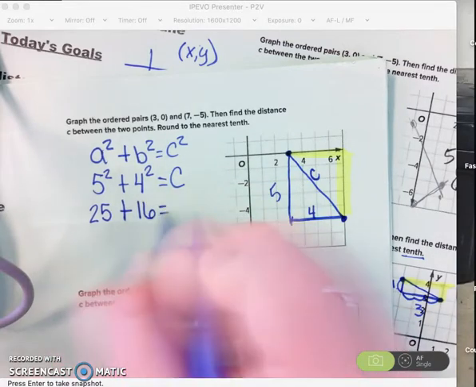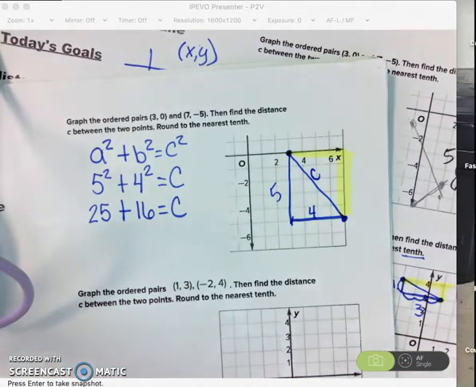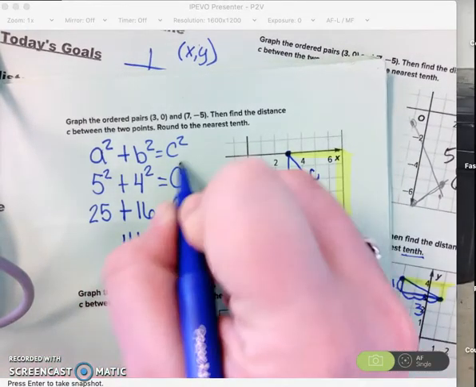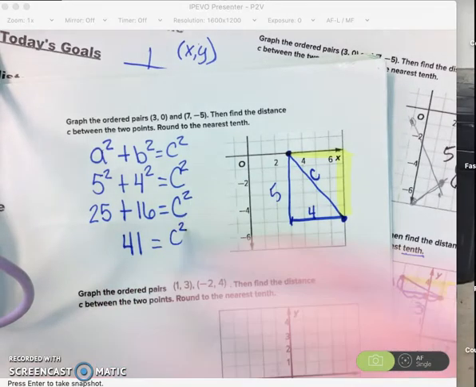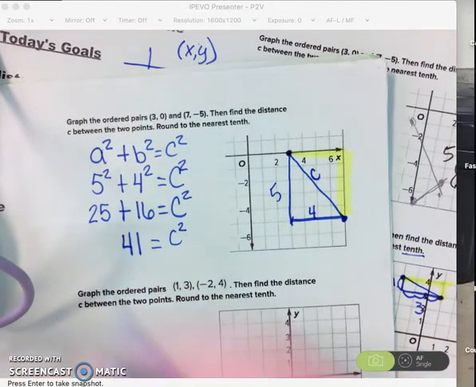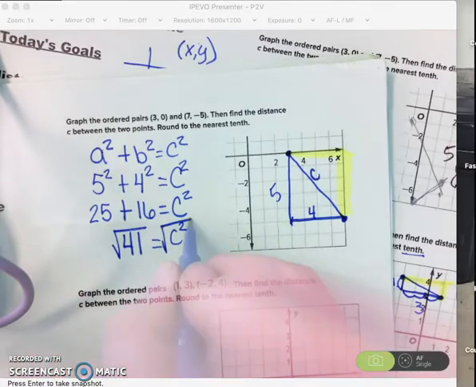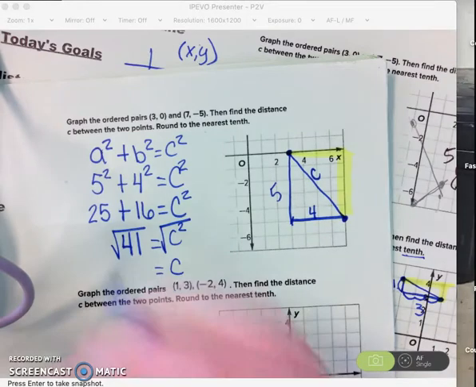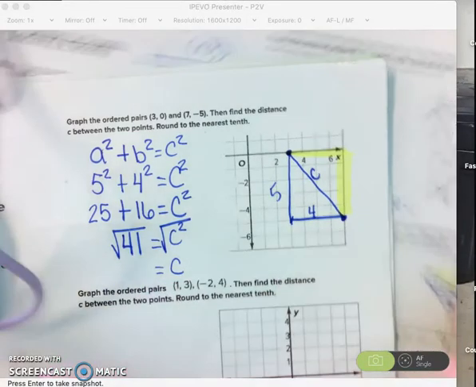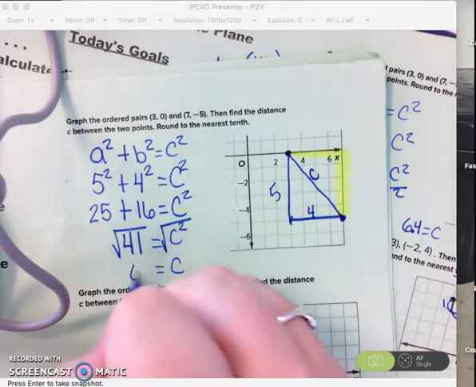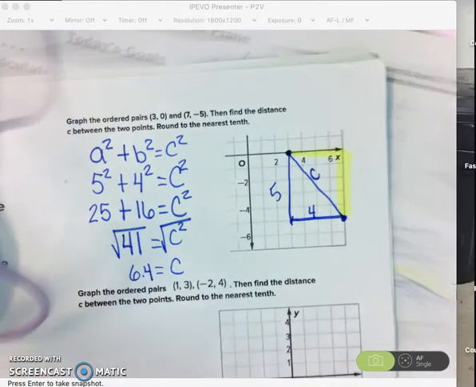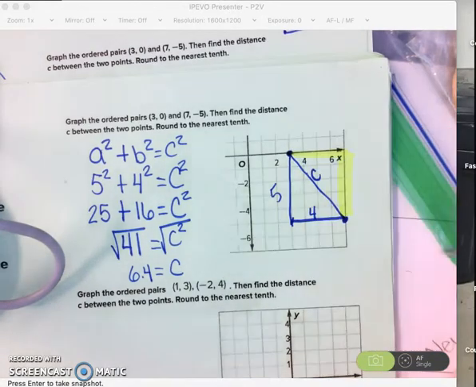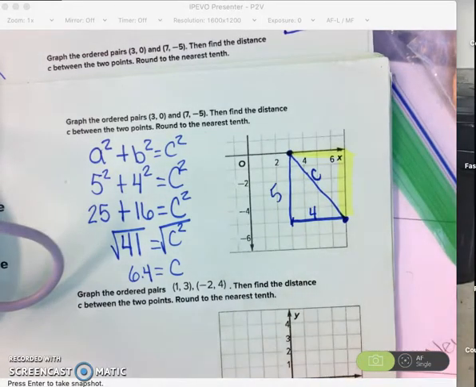Someone be my calculator? Anthony? 25 plus 16 is 41. Oh, I can't forget my c squared. Okay, I need to find the square root of both sides. So C is actually 6.4. So the length of this side is actually 6.4 units.